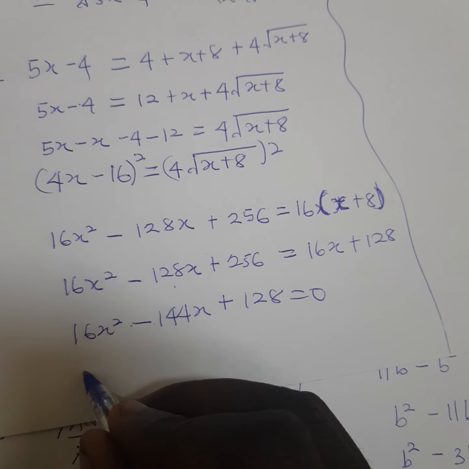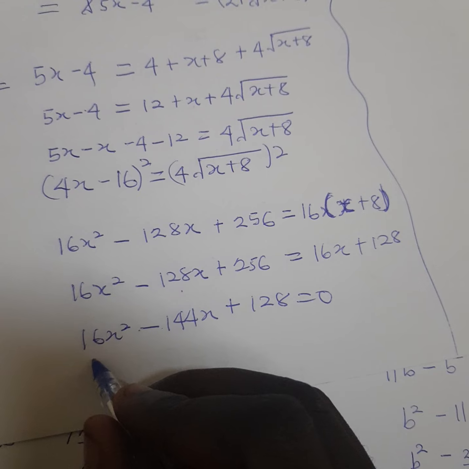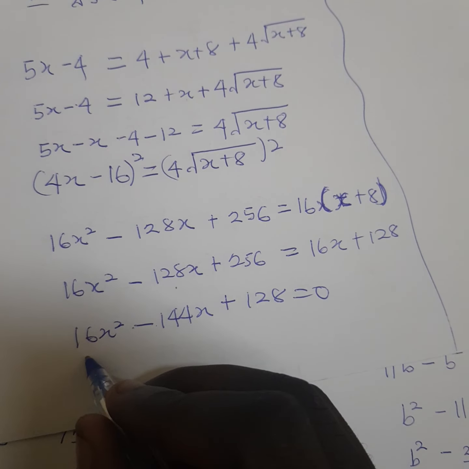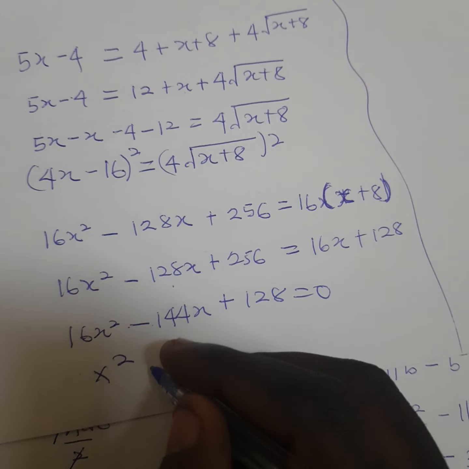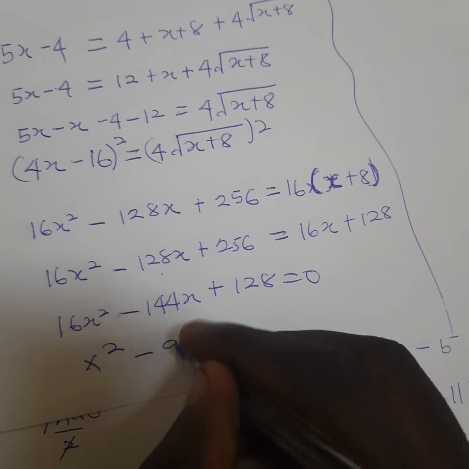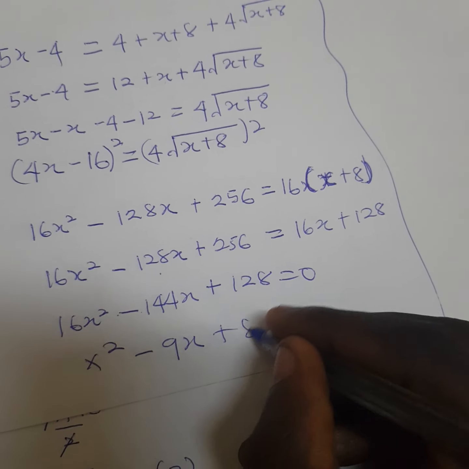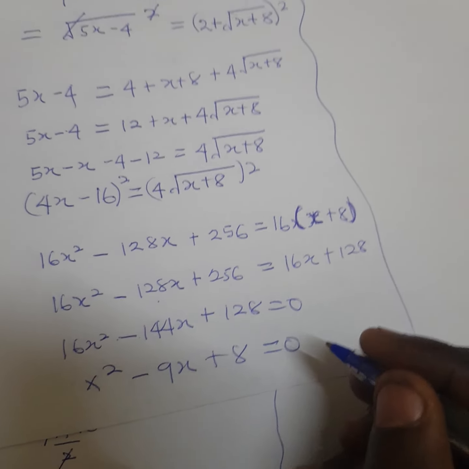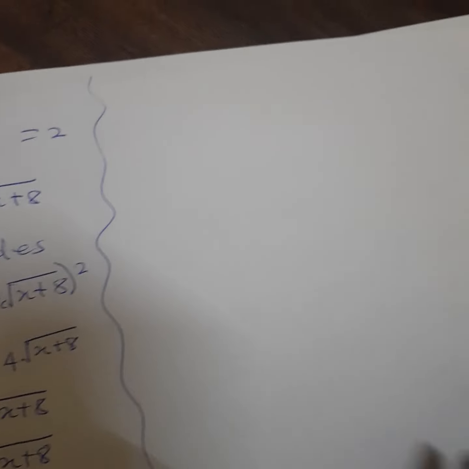Now what you do next is you cancel out, and you know 16 can go through all of them. When you cancel out, you get x squared minus 9x plus 8 is equal to 0, which becomes your quadratic equation.